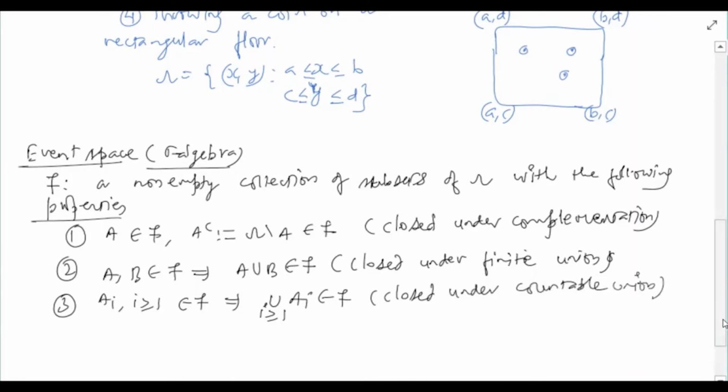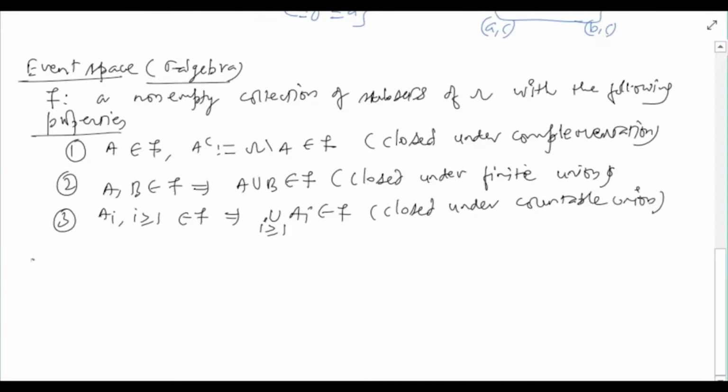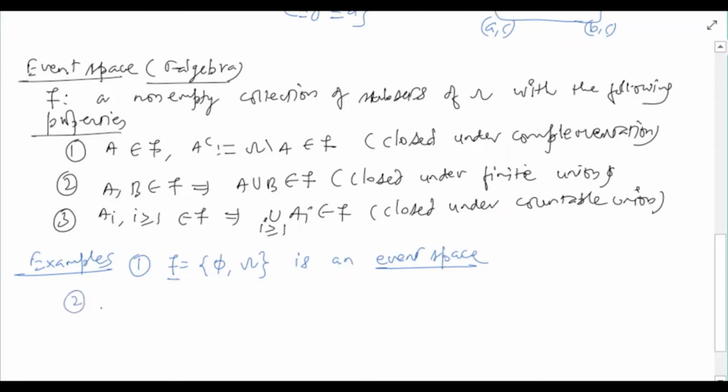Okay. Let's see a few examples of event spaces. For any sample space omega, the collection of empty set and omega is an event space. It can be checked that this collection satisfies all these three constraints.